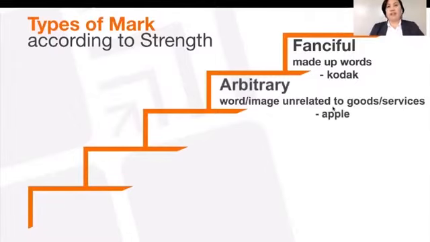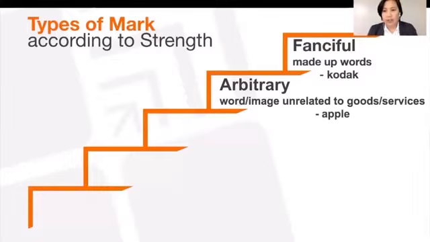Next, you have an arbitrary mark. When you say arbitrary, we mean that this word can be found in a dictionary. Meron siya talagang meaning. The word has a meaning, but that meaning is unrelated to the goods or services that it is being used for. For example, we have the word mark Apple.